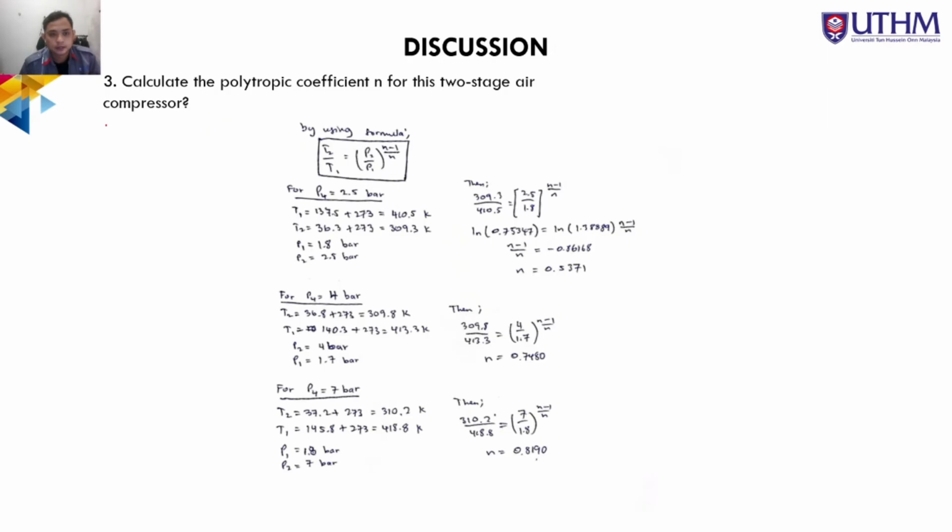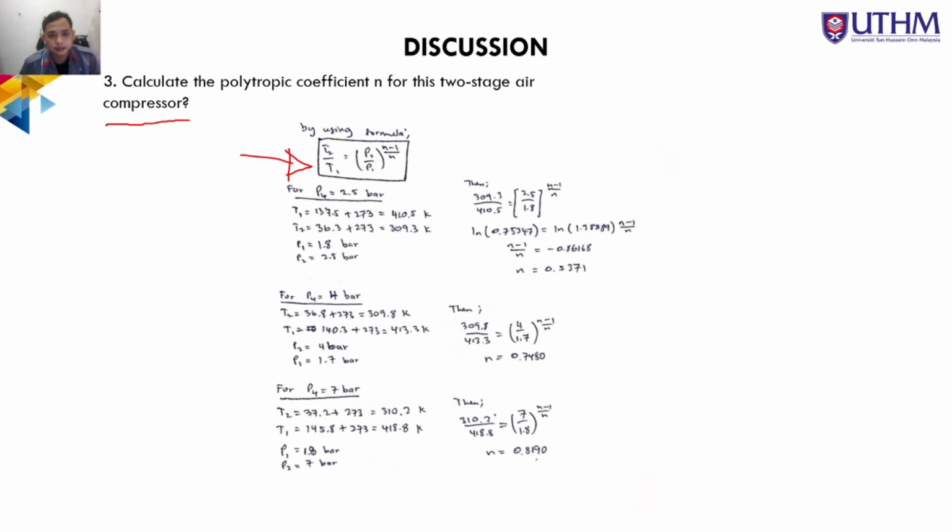Next, as for question number 3, calculate the polytropic coefficient, which is n, for this two-stage air compressor. This is how we calculate it using the formula where T2 over T1 is equivalent to pressure 2 over pressure 1 to the power of n minus 1 over n.